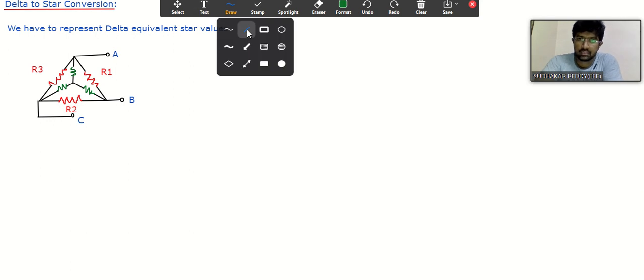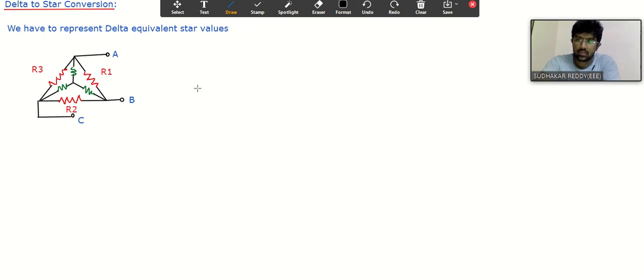Now I will draw that converted star as a separate diagram. Here I will write: this is the converted star connection for the given delta connected resistors.